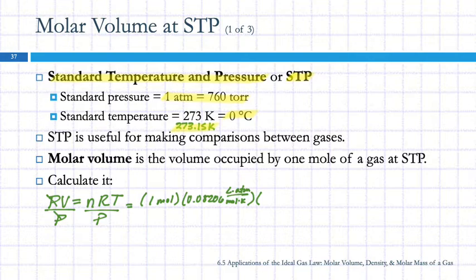That wouldn't work. 273.15 Kelvin divided by the pressure, 1 atmosphere. Since we're saying this is at STP, we can assume that these are exact. So 1 times 0.08206 times 273.15 divided by 1.